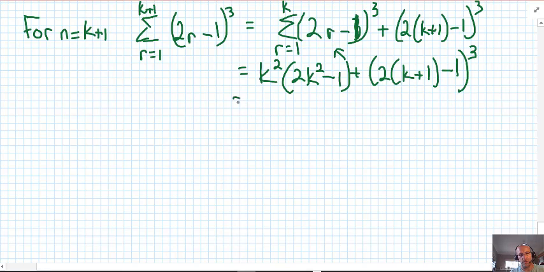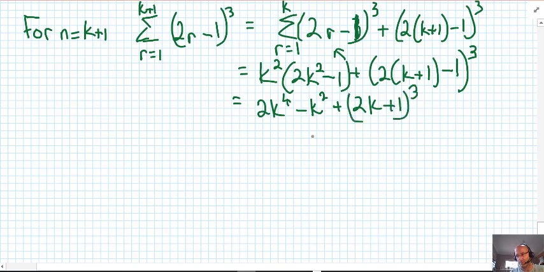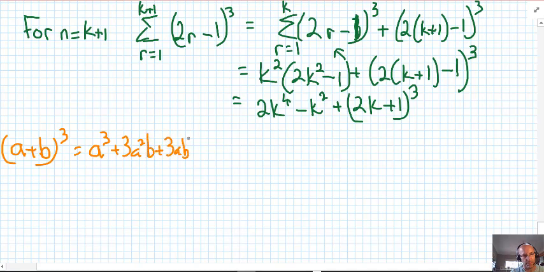And now we use some of our algebra magic here. Expanding. Now we have a binomial expansion. Okay, you should know these. Okay, so it's a cubed plus 3a squared b plus 3ab squared plus b cubed for when n equals 3.